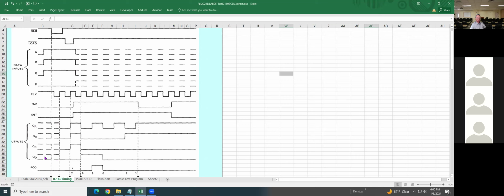That means they don't care. However, when clear is 0 and you're looking at QA, it is 0, 0, 0, 0. And the inputs A, B, C, D will be the same as QA, will be clear.